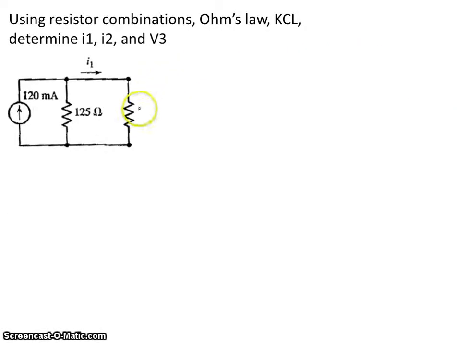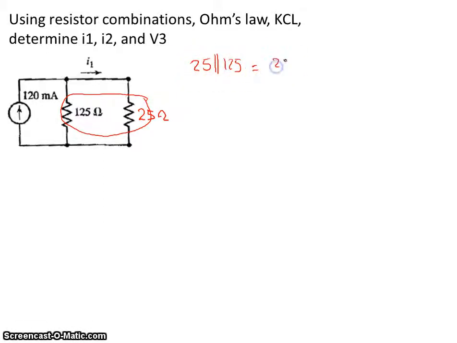Now that we have this resistance, 125 and 25 in parallel, still I cannot find a value that will help me determine I sub 1. So I will combine these two into one, and this is going to be 25 parallel 125.